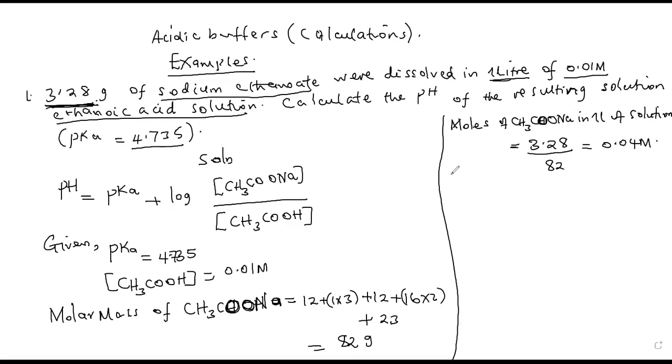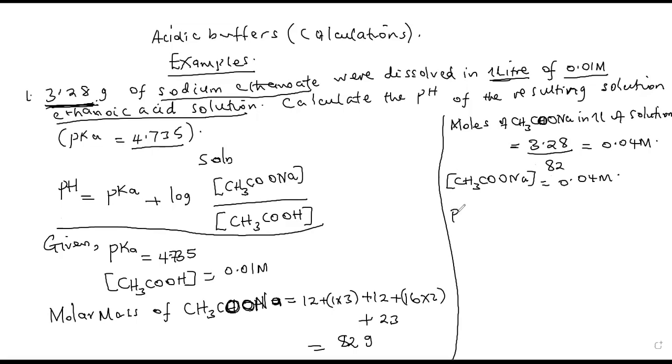So now we also have the concentration of sodium ethanoate as 0.04 molar. Come back to your equation and substitute.